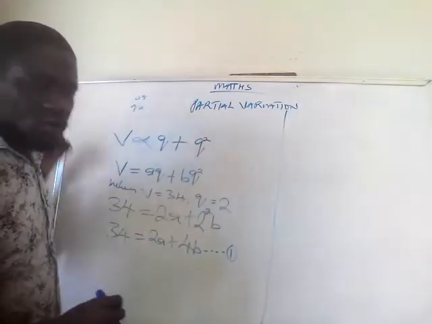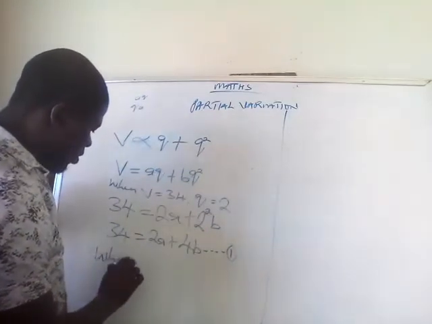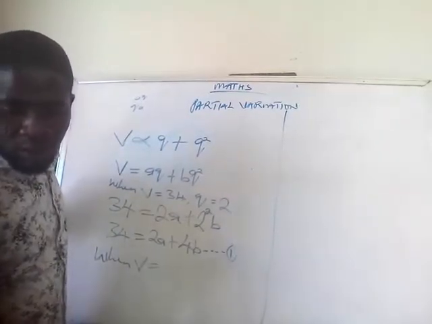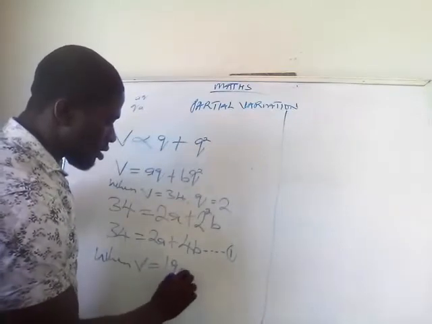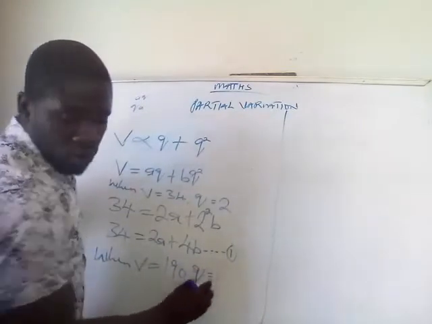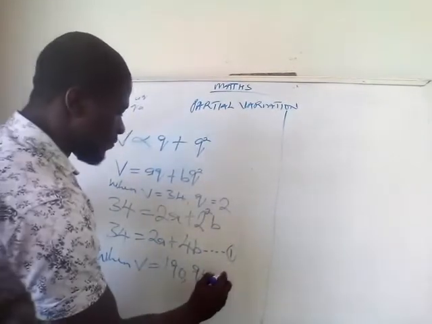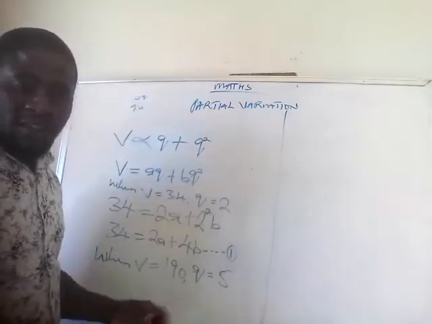The next one said when v is equal to 190, q is equal to 5. So we solve this now.